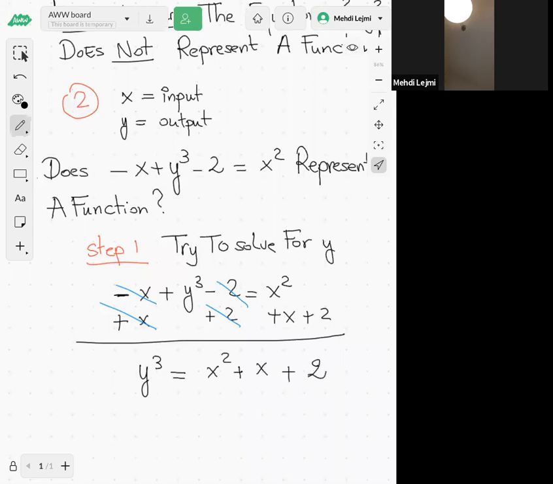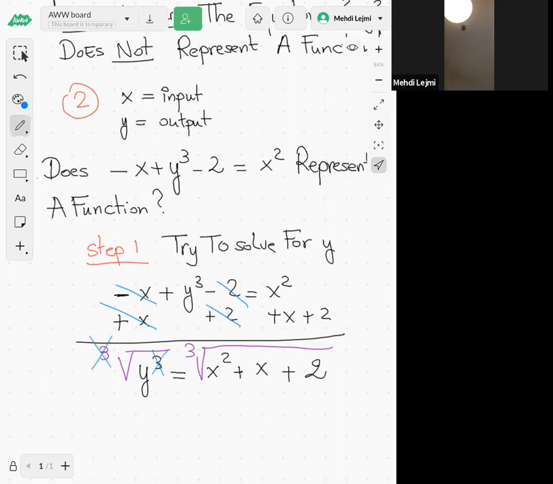Now, this is not exactly y. We need to get rid of the cube. To get rid of the cube, we apply the third root. If you have y to the power 4, you apply the fourth root; y to the power 5, you apply the fifth root, etc. This is a cube, so I'm going to apply the third root to both sides. The third root and the cube cancel out.